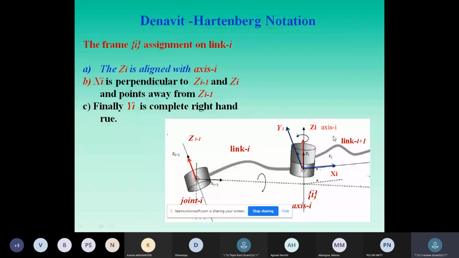Here you see zi, this zi minus 1, perpendicular to this. This is xi. xi should be in this direction, away from zi minus 1 and toward link i plus 1. Then we know xi and zi, apply the right hand rule, and calculate yi. In this way, on each frame we can attach the x, y, z axes.